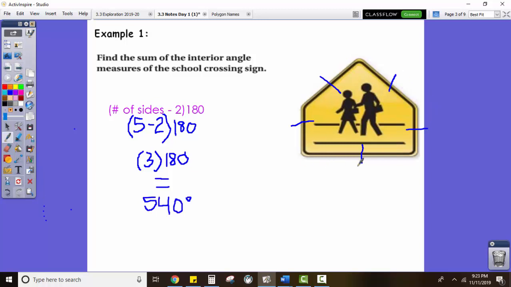So that means within this pentagon here, this 5-sided shape, this angle plus this angle plus this angle plus this angle plus this angle would equal 540 degrees.